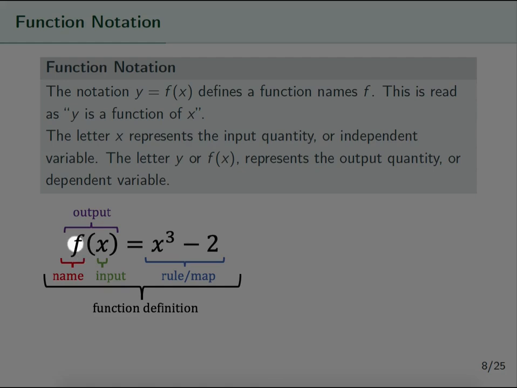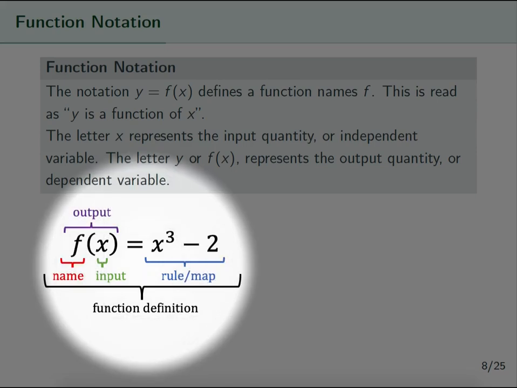And this entire thing, f of x, that's how we read it, represents an output. It symbolizes the output quantity. And the equation given right here is a rule or map that we follow to find the corresponding output for an input quantity. This entire thing can be used to define a specific function.